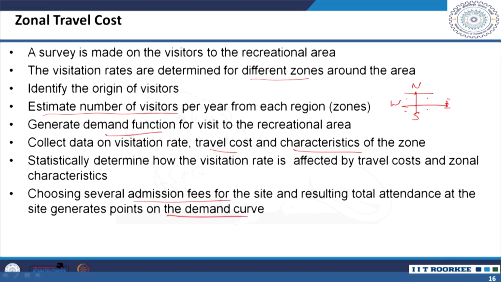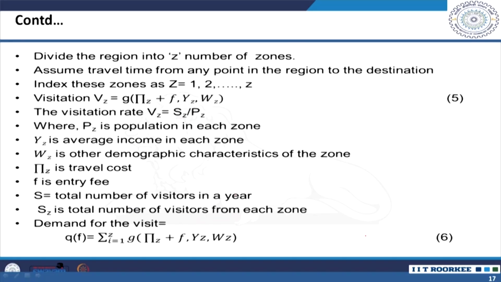different entry fees. So, we can say that if we are dividing these zones of origin of visitors into Z number of zones, then we are naming them 1, 2, 3 up to Z, right. Then the next task, after grouping these visitors in terms of different zones, is to find out the visitation rates.